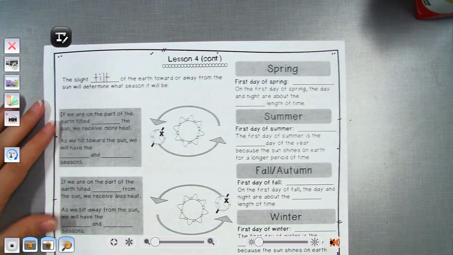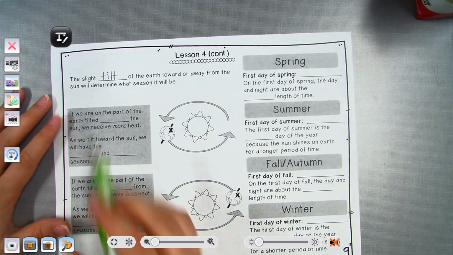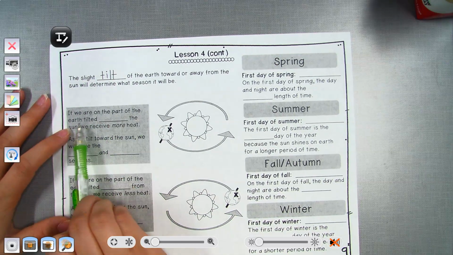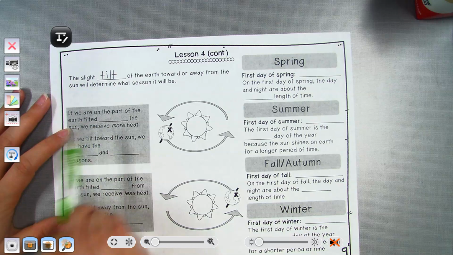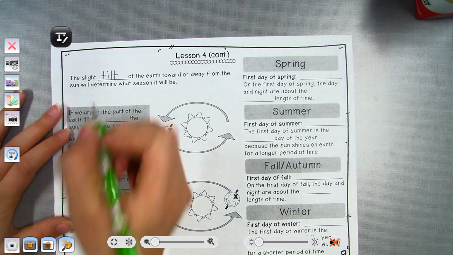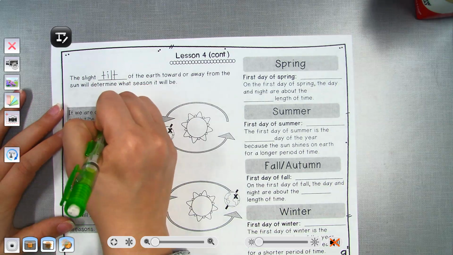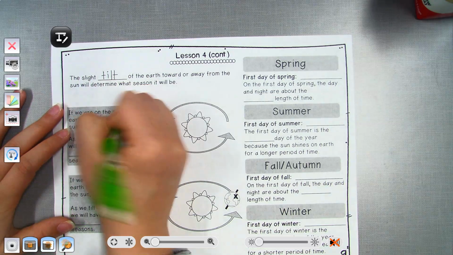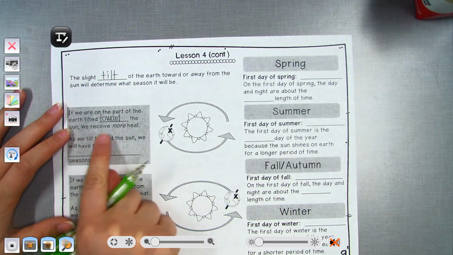Okay, so if we are on the part of the Earth tilted toward the sun, we will receive more heat.